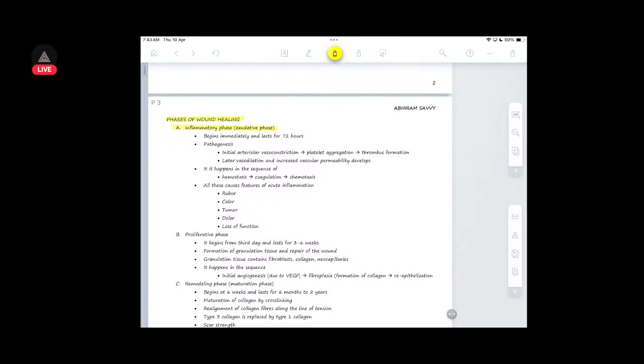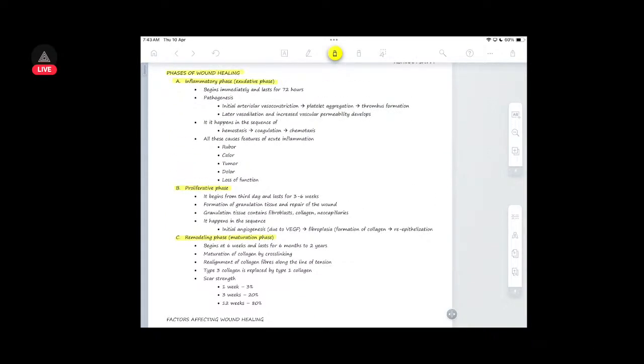Okay, so moving on, we have phases of wound healing. You have the inflammatory phase, the proliferative phase, and the remodeling phase, which is the maturation phase. These are the three phases of wound healing. The inflammatory phase begins immediately and lasts for 72 hours. There is initial arteriolar vasoconstriction leading to platelet aggregation leading to thrombus formation.